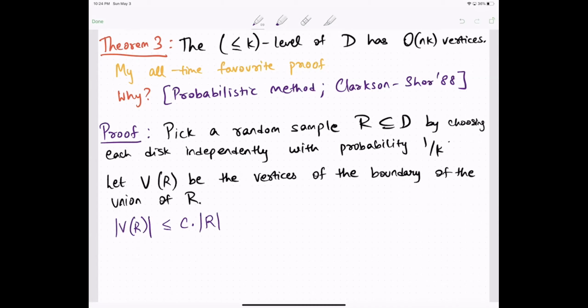Which implies, if I put expectations on both sides, I can bring out the constant.